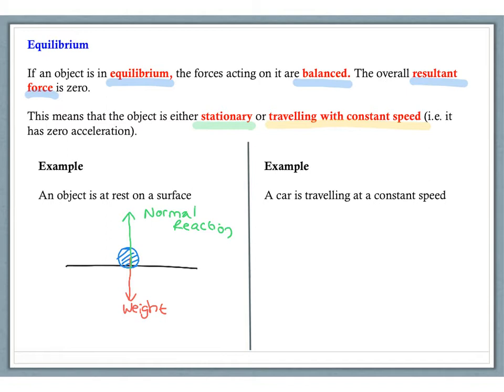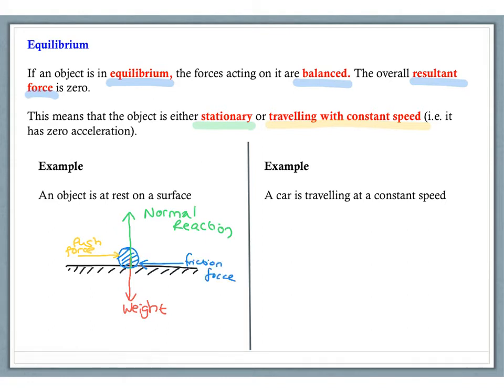If I decide to push on the object with some kind of pushing force, then assuming that the surface is rough, there will be a frictional force which works against my pushing force.